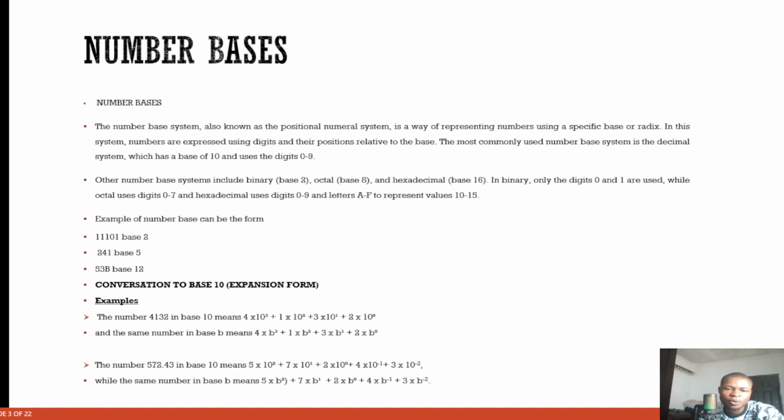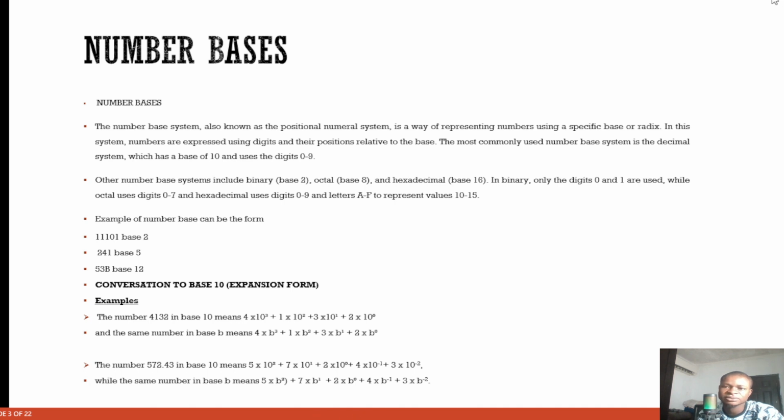So if we want to deal with their expansion form, we know how to write it, and I'm going to show you how to write this form. Basically, if I don't want to write 241 base 10 in this form, I can also write it using some formations like this.